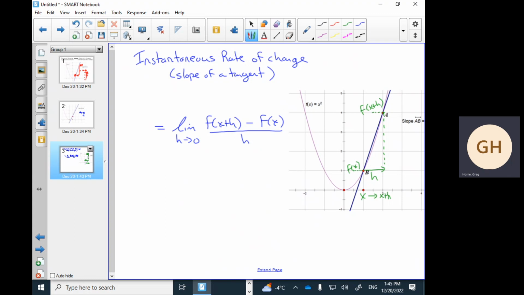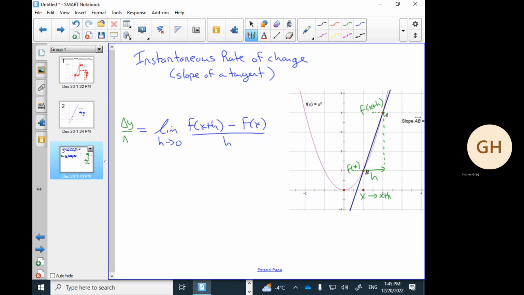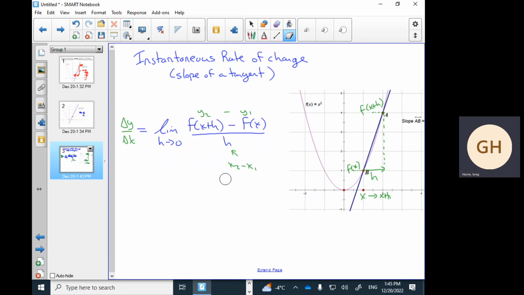So if you think about this formula here, it's really equal to a delta y over a delta x. Because it's the y2 minus the y1, and then this is the result of doing x2, which is really x plus h, minus the initial value of x, right?